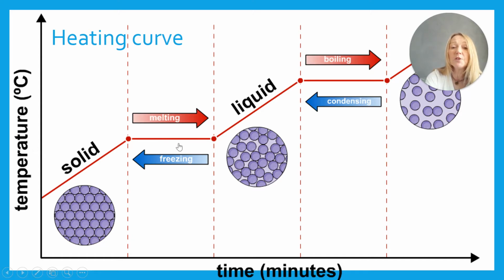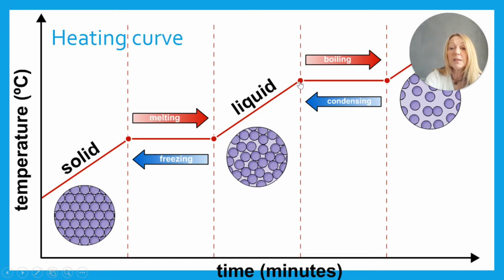All of the thermal energy that's going in is being used to weaken the bonds in order to change the state. Once everything is a liquid, we start to see the temperature rise again. The thermal energy is now being used to increase the average kinetic energy of the particles, and it is purely a liquid at this point.